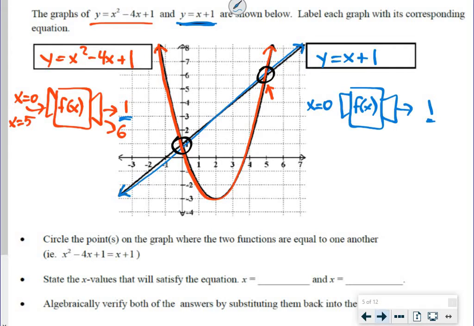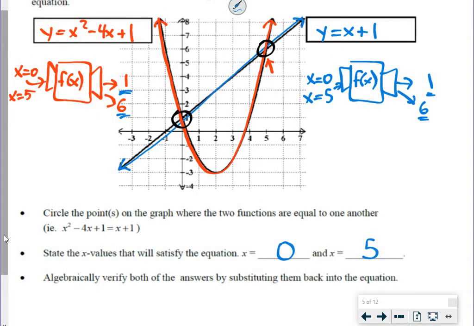And with the other function machine, if I feed in x equals 5, it also feeds out a y value of 6. So that's consistent with this one over here. So the x values that will satisfy the equation are x equals 0 and x equals 5.